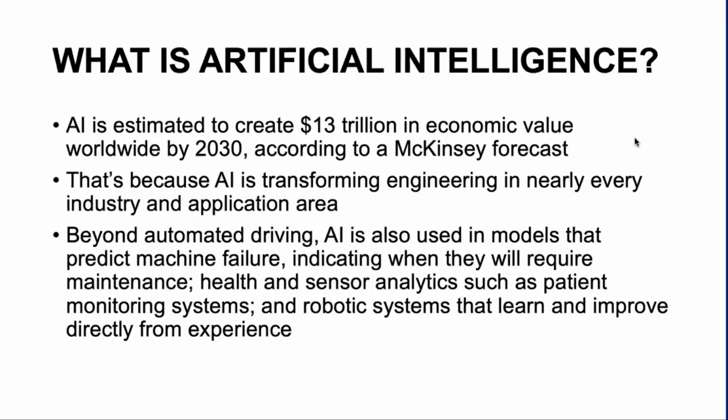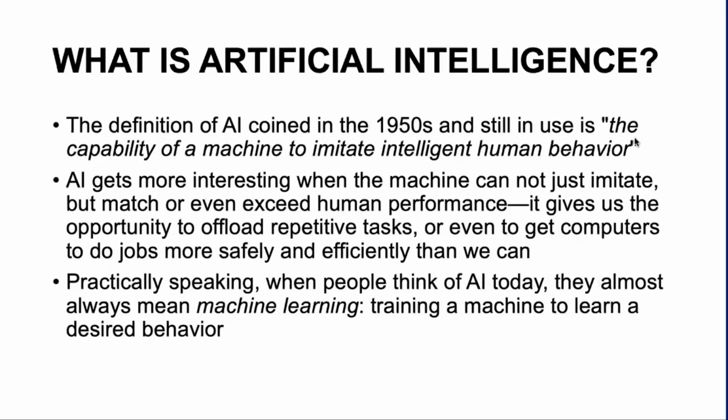So it's inevitable and it will grow exponentially, proportional to the number of devices that we are currently using. Now, it was first coined in 1950, the capability of a machine to imitate intelligent human behavior.